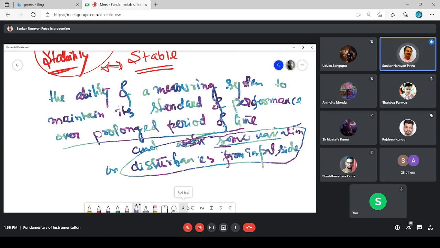I mean stability as well as durability. The variation of time will definitely be there, and also the variation or some alteration of input, but the output of the system will not change drastically. That is called stable.